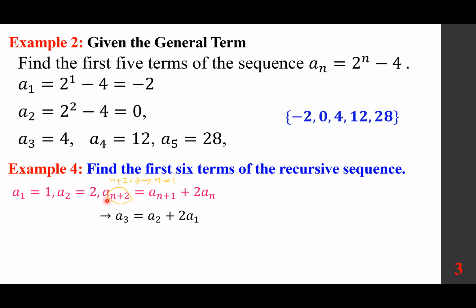It's telling us a term is the same as the previous one plus 2 times the one even before that. So now plug in. A sub 2 is 2 plus 2 times 1. All right, so with this being the case, what is a sub 4? Take a look. A sub 3 is a sub 2 plus 2 a sub 1. So a sub 4 is a sub 3 plus 2 a sub 2.